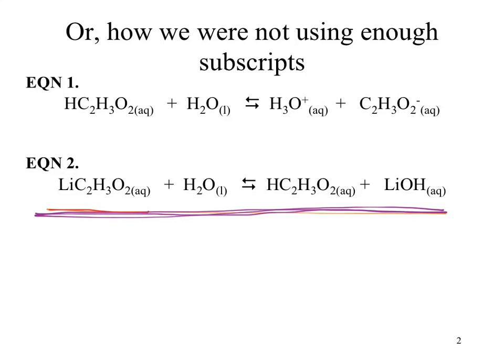We said the equilibrium constant for our first one was Ka. Again, how do we determine if that was acidic and it was basic? You look at the product side and look for either H plus or hydronium, H3O plus, or you look at the product side and you see OH minus. So we've got Ka for the first one. The other one was Kb.